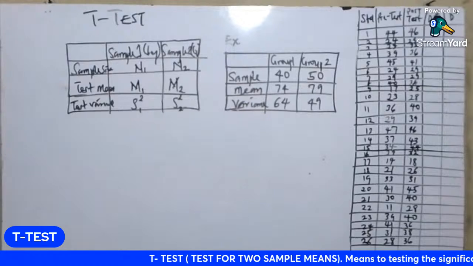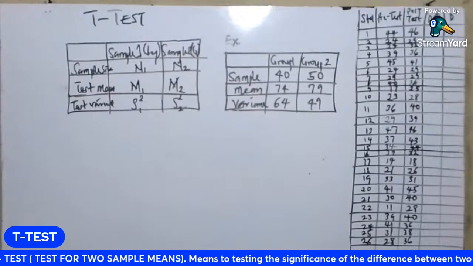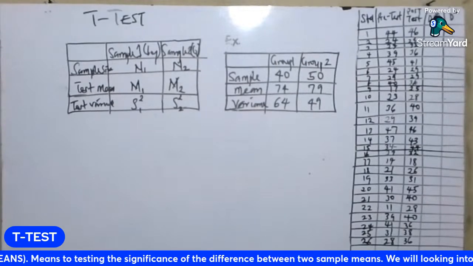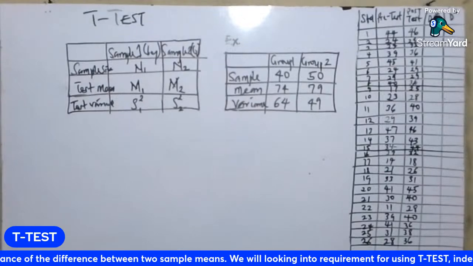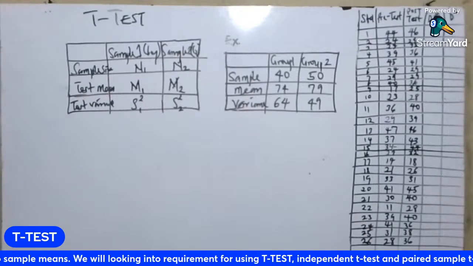So if you look at the example that I put here, you have to label the sample. It's either you label it sample A or sample B. That means your sample A is talking about the boys and sample B is talking about the girls, just like in the examples we have on the board.